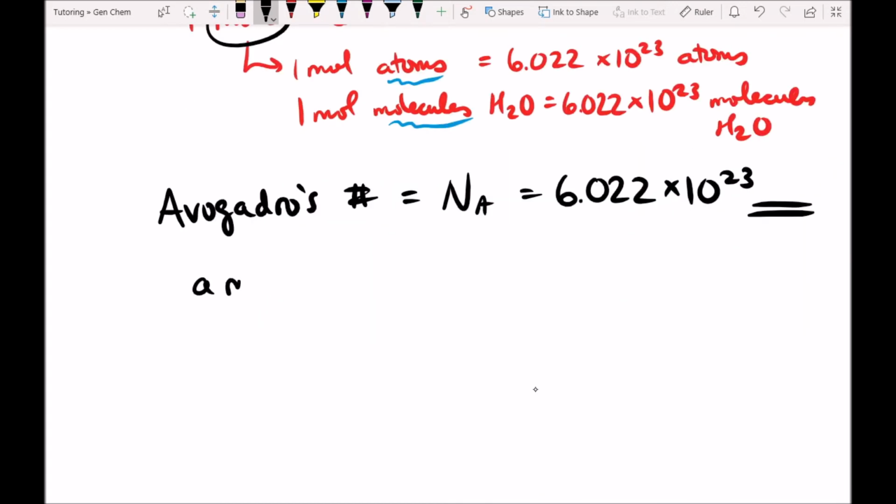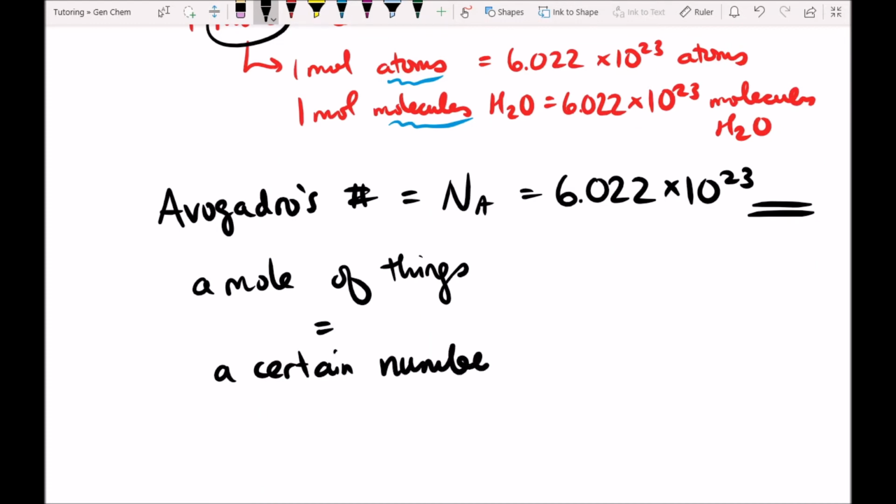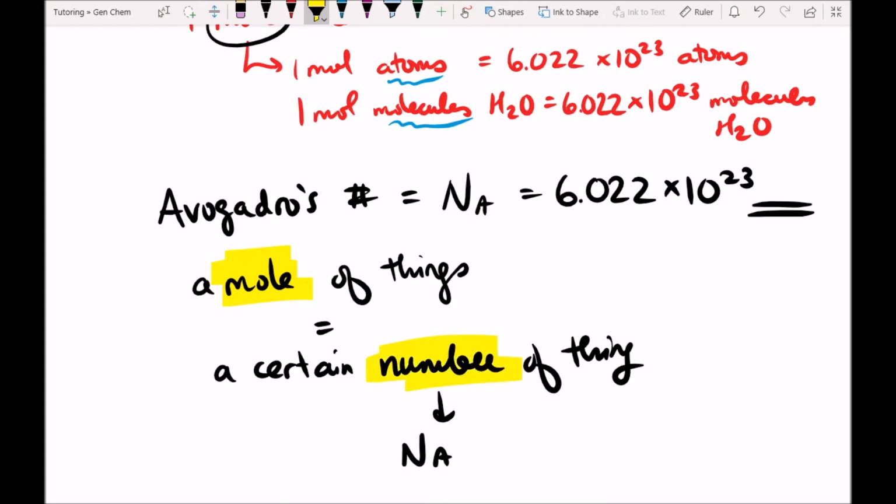So a mole of things equals a certain number of things. And that certain number is Avogadro's number. So again, 1 mole of things is a certain number of things. And that certain number of things is Avogadro's number.